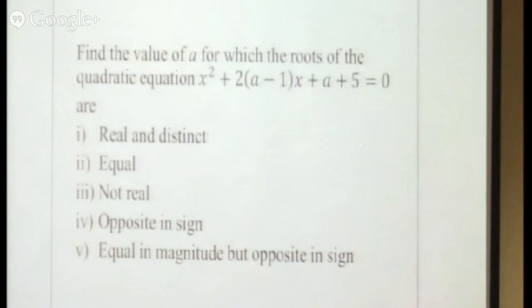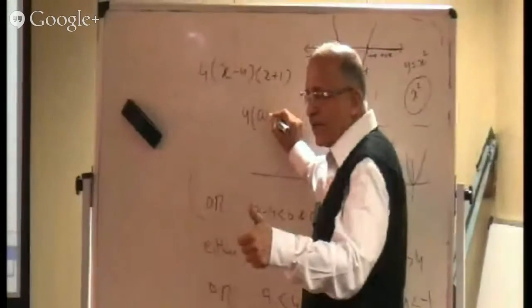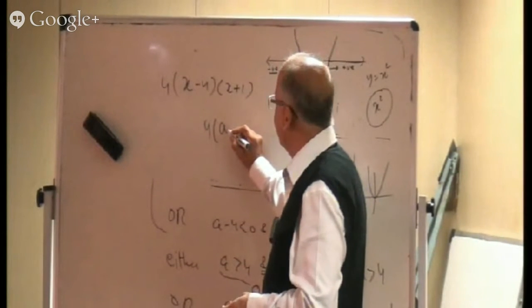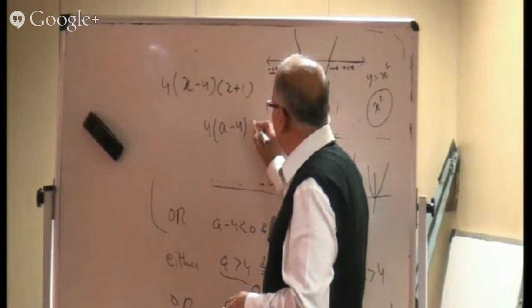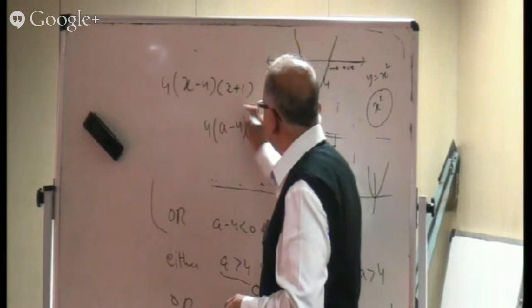Not real means discriminant should be less than 0. Now, what was the expression here? a minus 4? No, a minus 1 into a minus 4. This was the expression which we were trying to test.